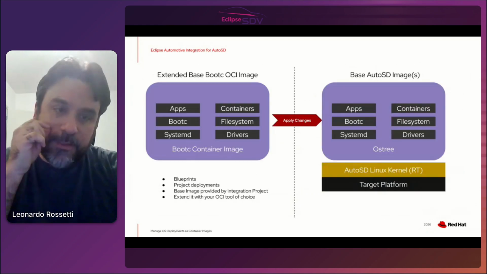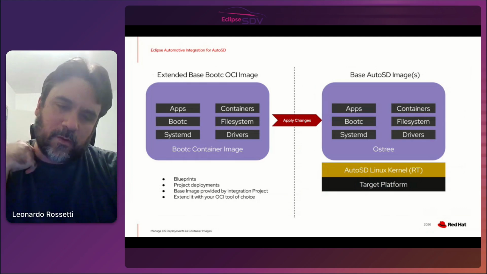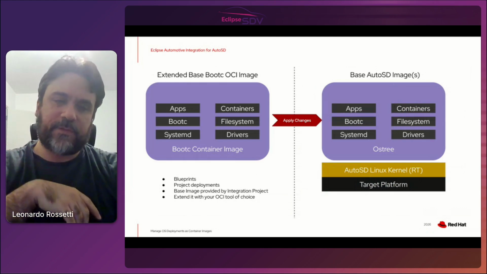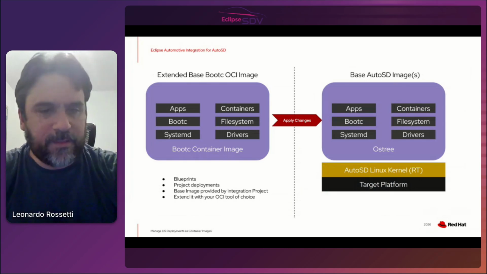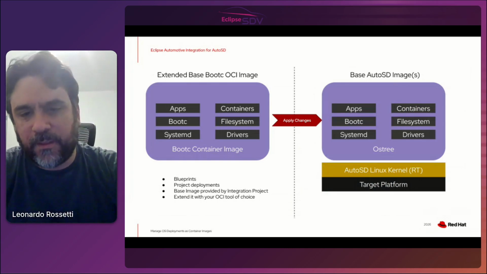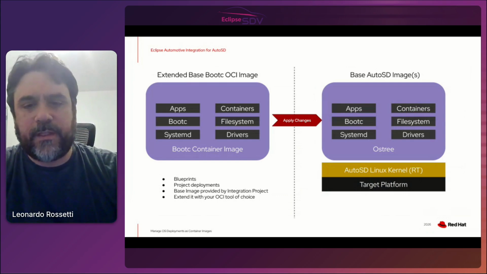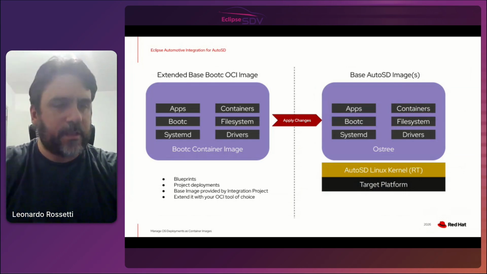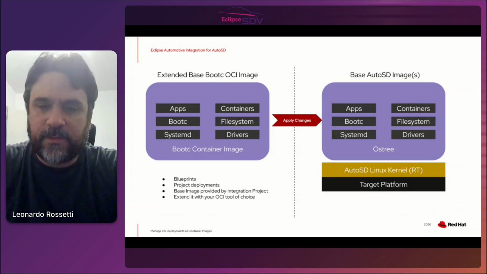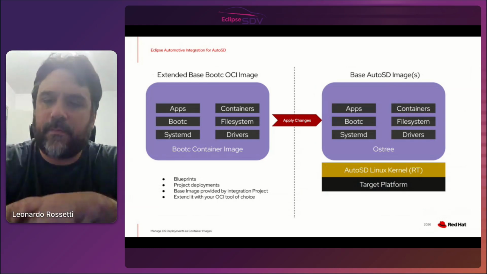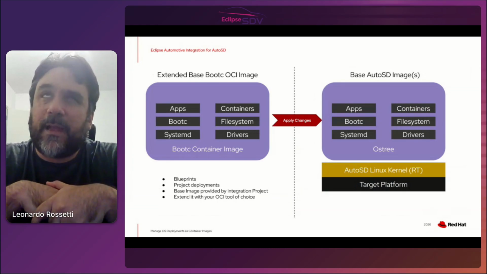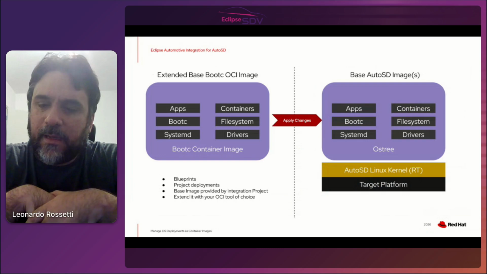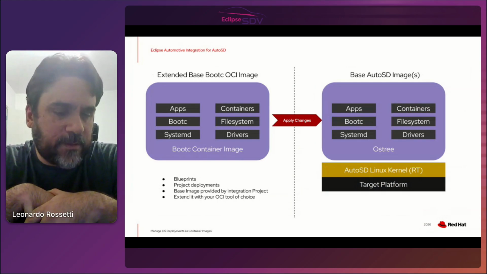So, a little bit on bootc. bootc is a very complex piece of software, so this is a very summarized, high-level explanation in the context of the Eclipse AutoSD project. The idea of a bootable container is that under the hood it has something called OSTree, which is a file system subsystem that allows you to run a Linux distribution with an immutable file system.